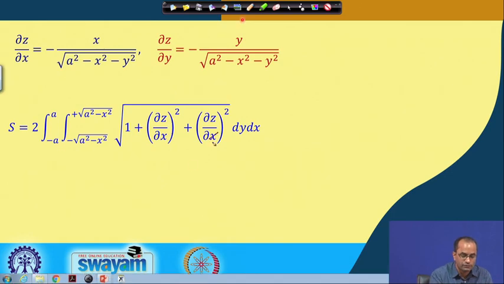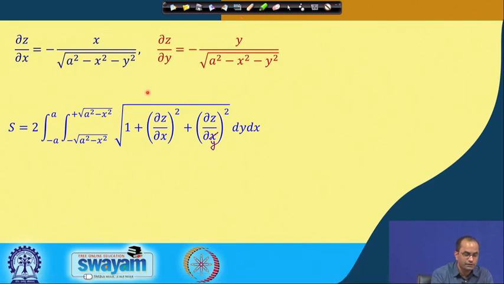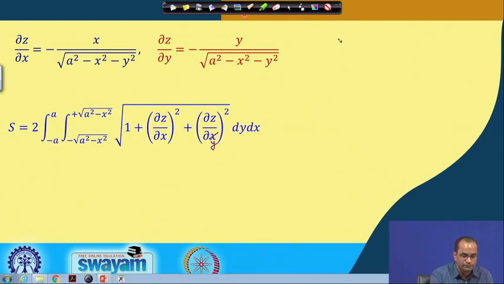Here this was with respect to y. So, if we substitute this now, so these are the whole square of these terms, what we will get? We will get simply 1 plus x square over a square minus x square minus y square, and then here also we will get y square over a square minus x square minus y square.